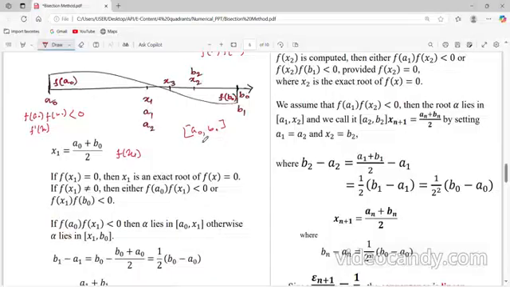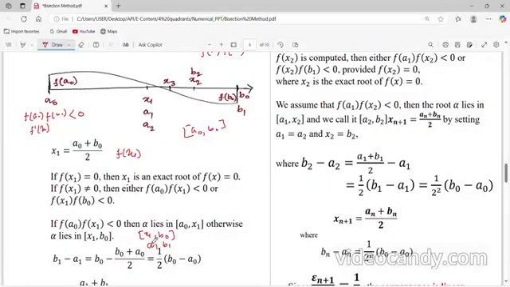For our convenience, we assume that the root lies between x1 and b0. So here we rename the interval: b0 as b1, and x1 also as a1.